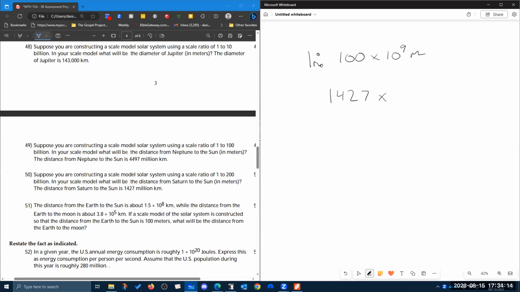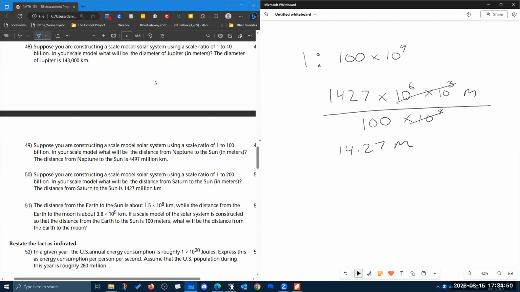So million is 10 to the 6th, 1,000 for kilometers. And we're going to divide that by 100 times 10 to the 9th, our scaling factor. And 10 to the 9th is going to cancel out with that. And we're going to divide by 100, so this can be 14.27 meters.